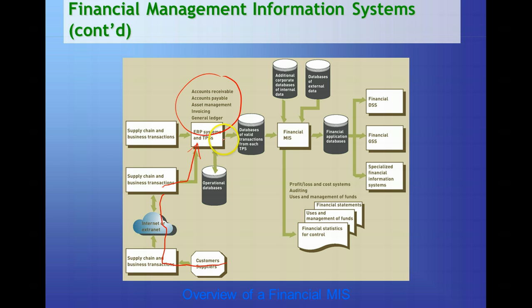All this will go inside our database, which will be the input to our financial management information system. If you notice, the financial management system generates a set of reports. It generates a financial statement to monitor the profit and loss or the cost incurred by the firm, and also for auditing, which captures the uses and management of funds, and also financial statistics for control.